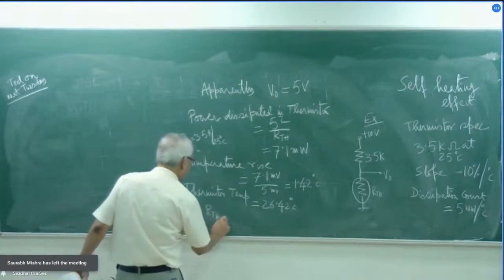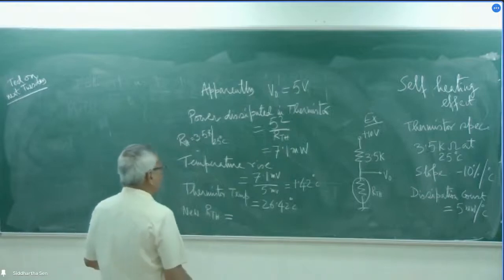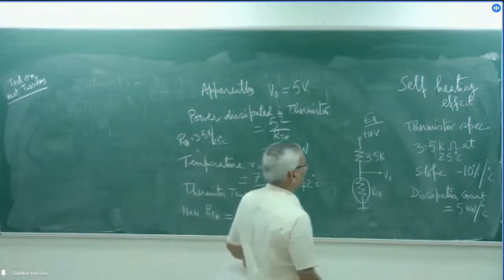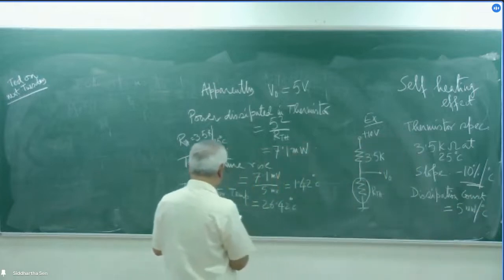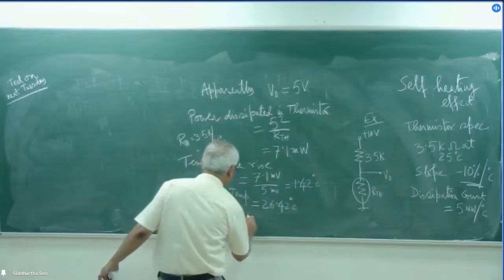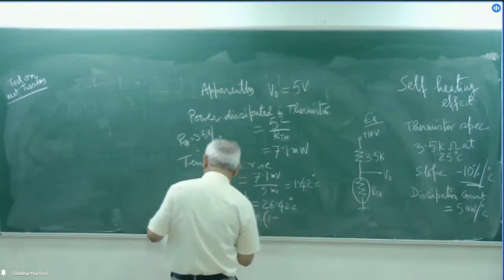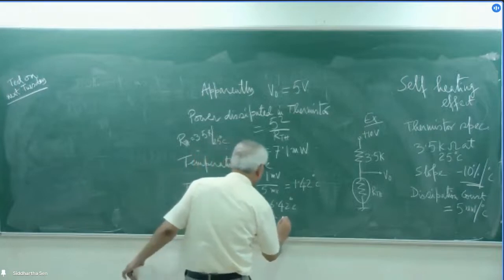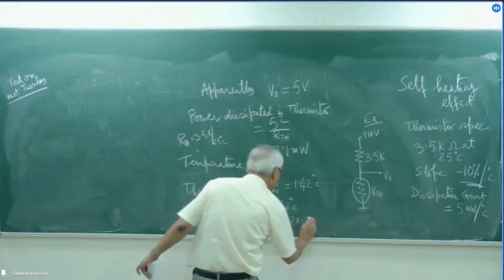that means what is the new RTH? The thermistor resistance. We know that this has a slope of minus 10%. So that is equal to 3.5 K into 1 minus 1.42 into 0.1.